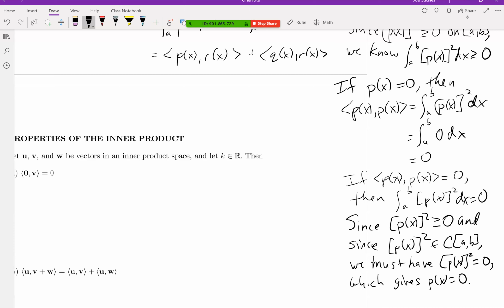The idea behind the reason why it's important for the function to be continuous in this case is because if the function bumps up above the x-axis, if it actually becomes positive and not equal to 0, then there has to be a whole interval over which the function is bumped up above the x-axis because it's continuous, right?